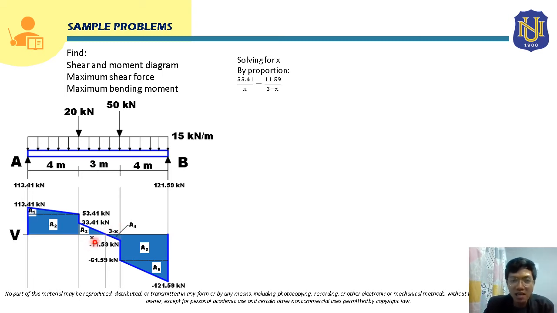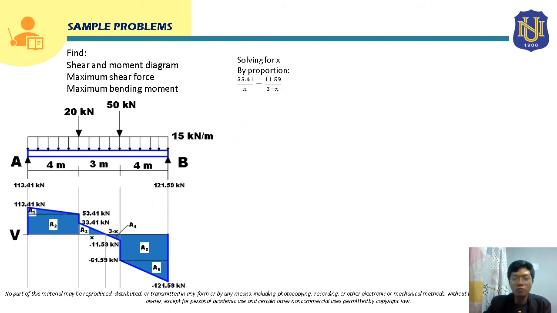The height of the larger triangle is 33.41, so it will be 33.41 over its base, which is x, equal to the height of the smaller triangle, 11.59. Disregard the negative sign here, we will just use the numerical value, 11.59, over the base. The base here is 3 minus x.